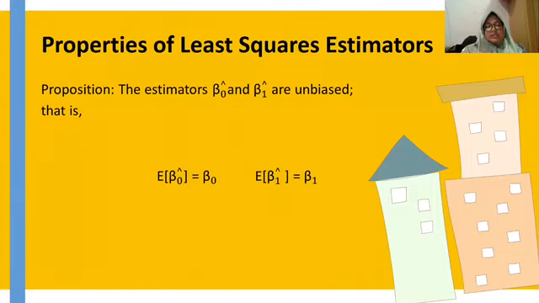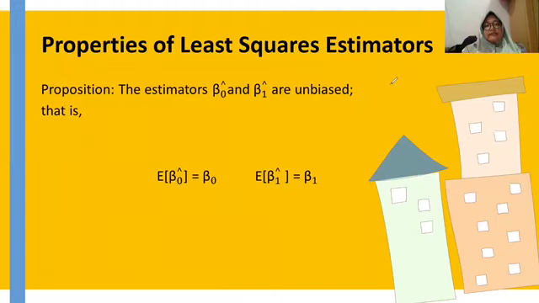For this property, we need to make one more assumption, which is the assumption of strict exogeneity: the expected value of epsilon t given x1 until xt is 0.